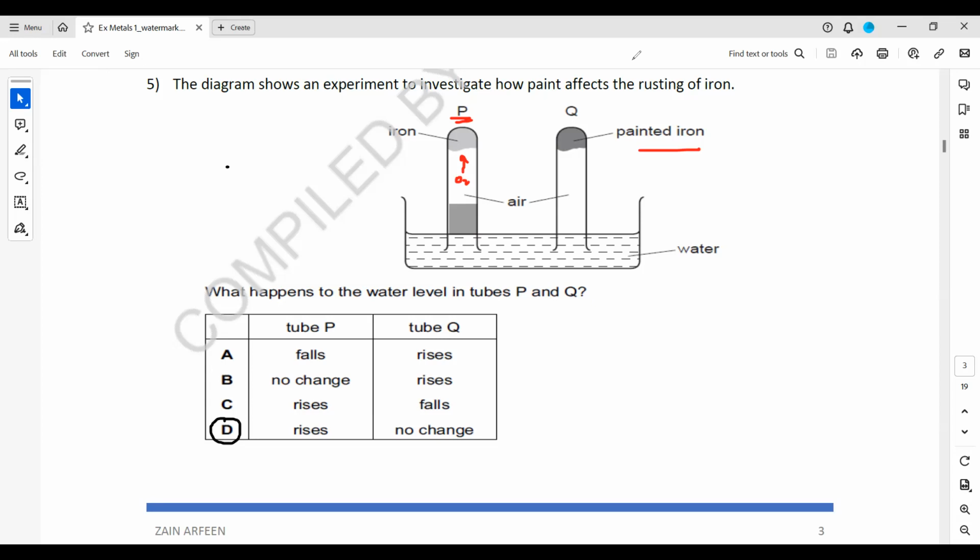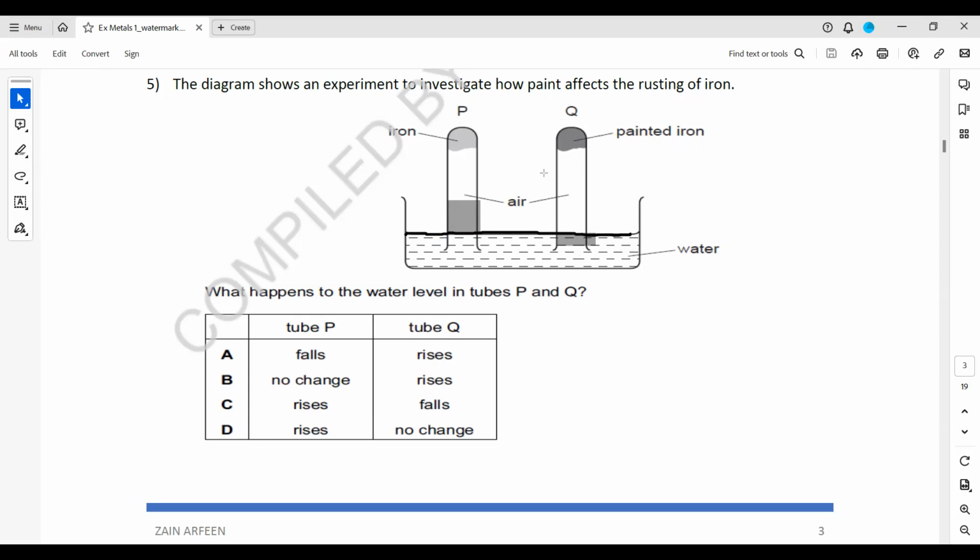Is it clear? Some students asked a genuine question, and I agree with their point of view. They said that the total volume is the same. If the total volume is constant, and the water level is rising here, the water level should fall here, because they're in the same container.